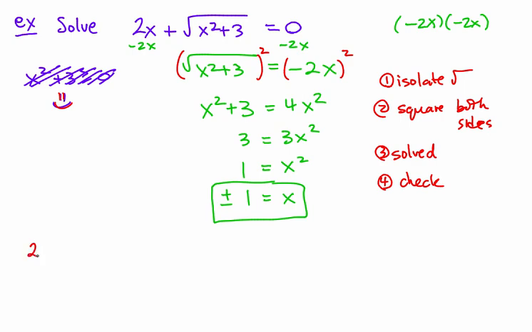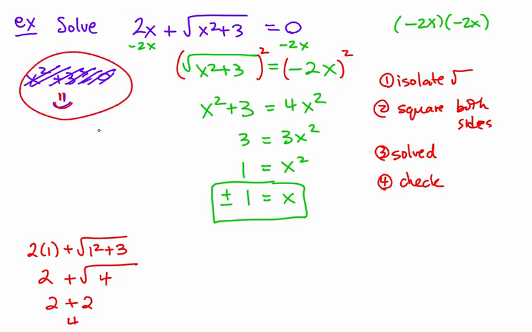So if you test 1, you get 2 times 1 plus the square root of 1 squared plus 3. So that's 2 plus square root of 4, which is 2 plus 2, which is 4. Uh-oh, plus 1 doesn't work. So although taking restrictions into account, in which case there seemed to be none, usually works, it doesn't always work. So we do need to test solutions.